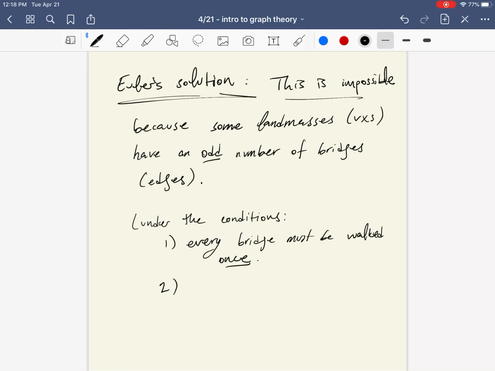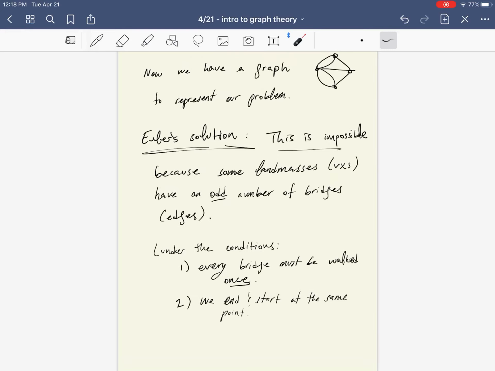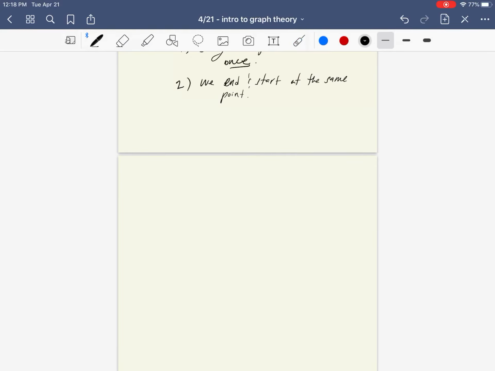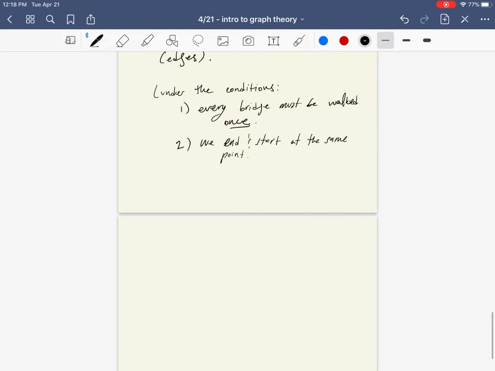And two, we end and start at the same point. Okay. So this is really quite a cool solution. He said that not only is it, I mean, that one's kind of obvious. So, under the conditions, one, every bridge must be walked once, two, we end and start at the same point.